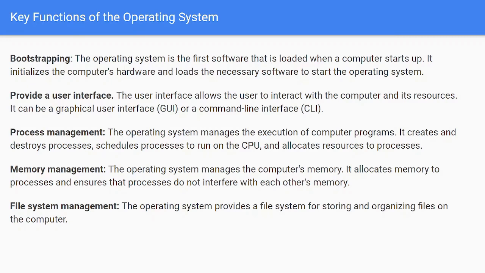So basically, if you buy a new laptop, right, the first thing that is going to be put into that new laptop is actually the operating system, right? So the operating system is the first software that is loaded into the computer to actually start it up. It initializes the computer hardware and loads the necessary software to start the operating system.